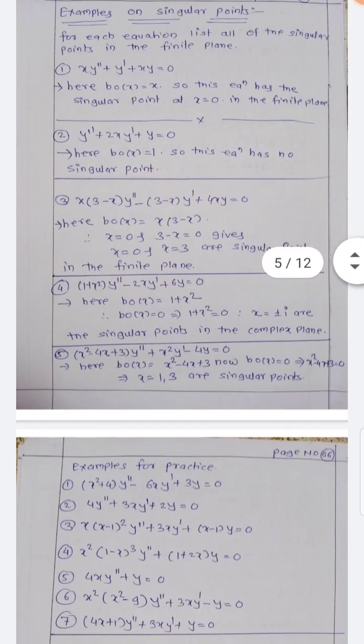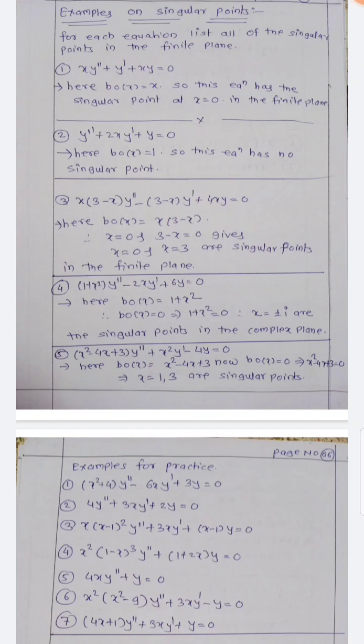Now here I have given some examples on singular points, how we calculate the singular point. So we concentrate on the first example. For each equation, list all the singular points in the finite plane. The equation is x y double dash plus y dash plus xy equals 0.